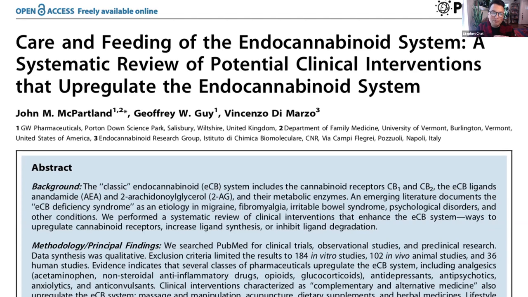And one of the biggest conditions that has a hard time on the endocannabinoid system, that can really deplete endocannabinoid system ligands from being produced, is stress. So when people say stress is really bad for your health, stress is really bad for you in general, it's absolutely true because it is messing with your endocannabinoid system.